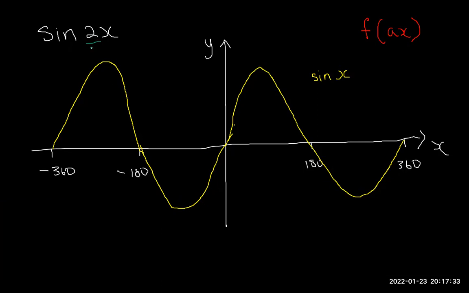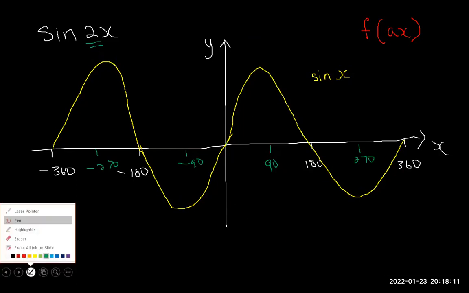So by having this 2 in front of my x, what that would do is kind of squash my graph. So what do I mean by that? You see this 180? This is 90, this is 270. Sine of 2x would also go up here. Let me use a different color.